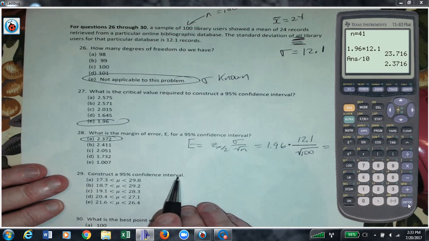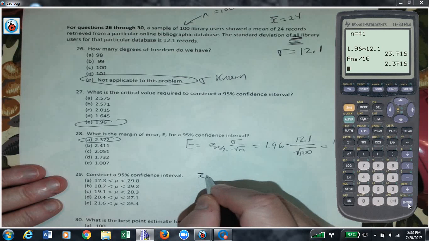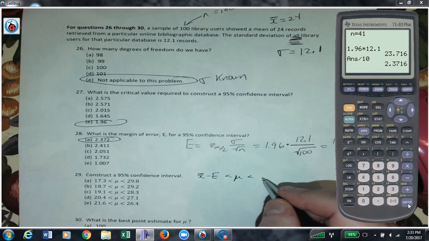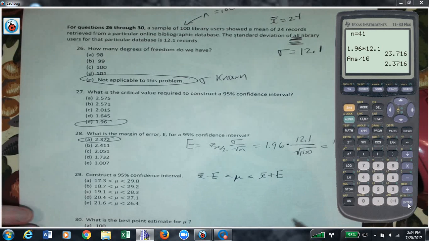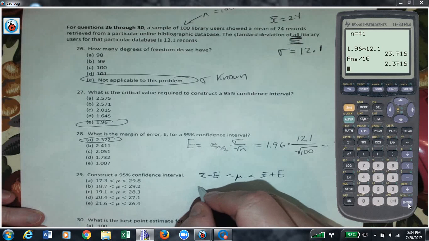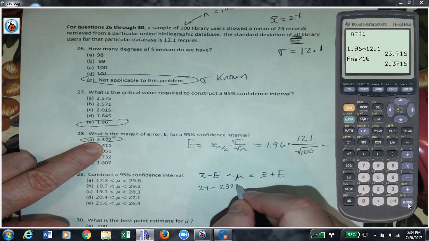And construct a 95% confidence interval. Well, that would be X bar minus E as the lower limit, and the upper limit for the population mean is X bar plus the margin of error. So my sample mean was 24, minus the margin of error, 2.372, gives me my lower limit.